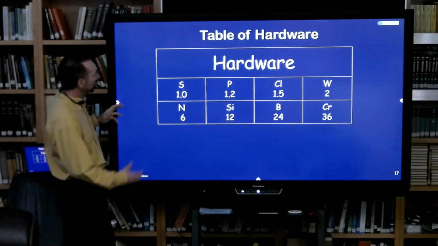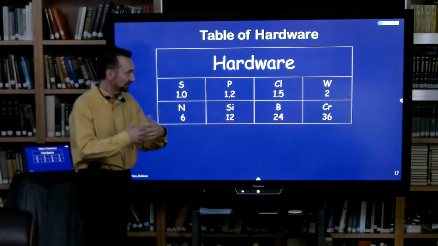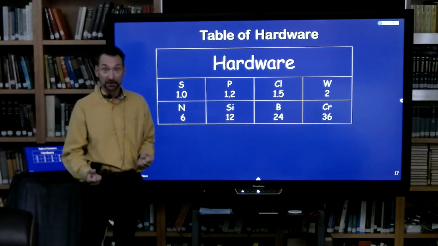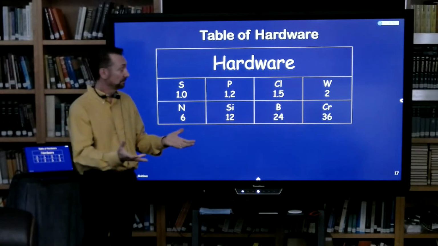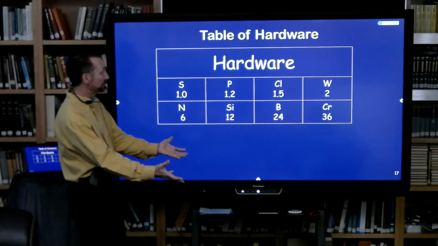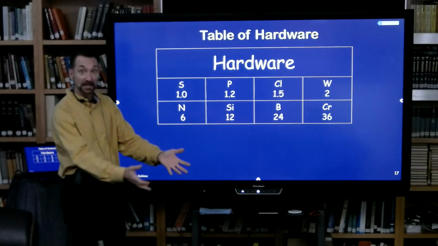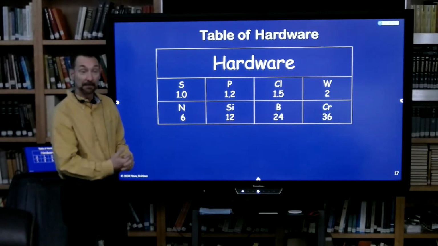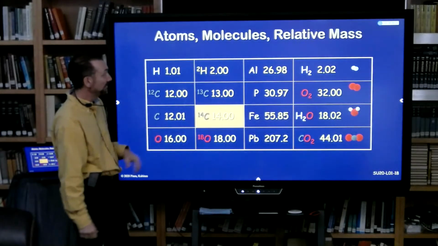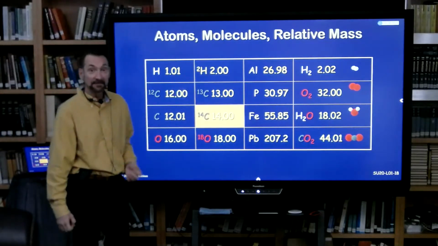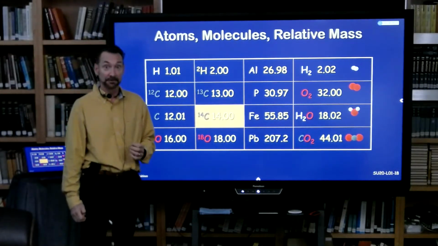And so we understand that this is a straightforward way to do the same thing we do at the hardware store with atoms and molecules in a chemical reaction, because we can tabulate relative masses of atoms and molecules.